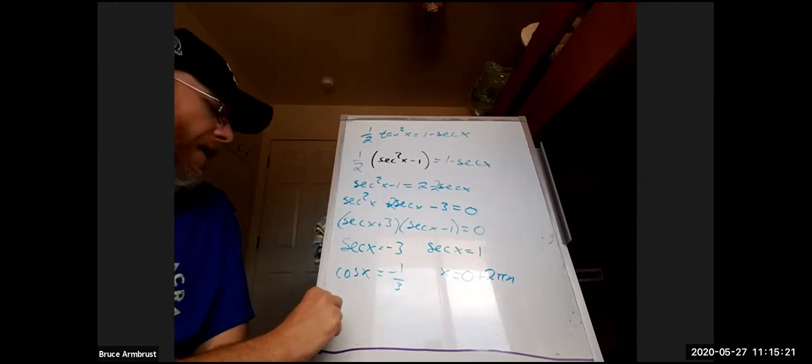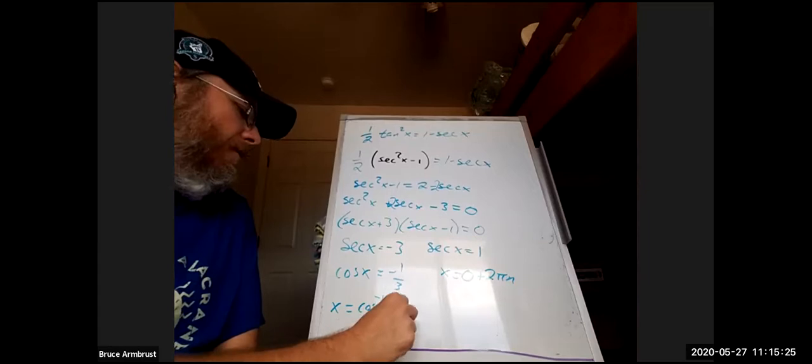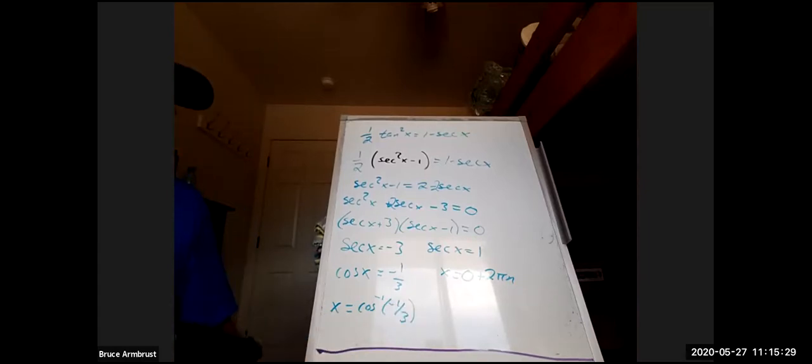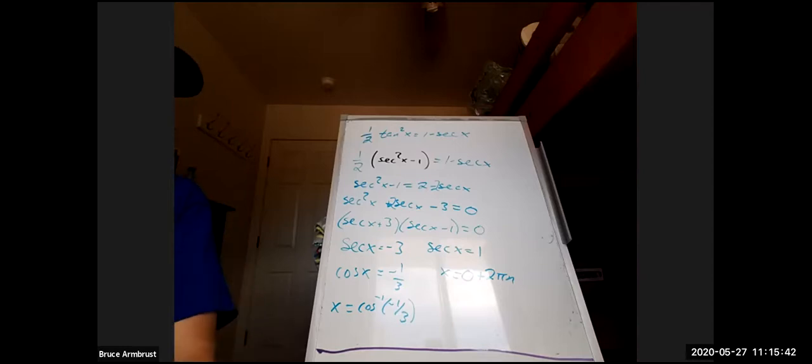And now I can actually find that x by using my calculator. I can do inverse cosine of minus 1/3. So I'm going to go ahead and do that. Make sure that you're in radian mode, however, because the question did ask us for angles between 0 and 2 pi.